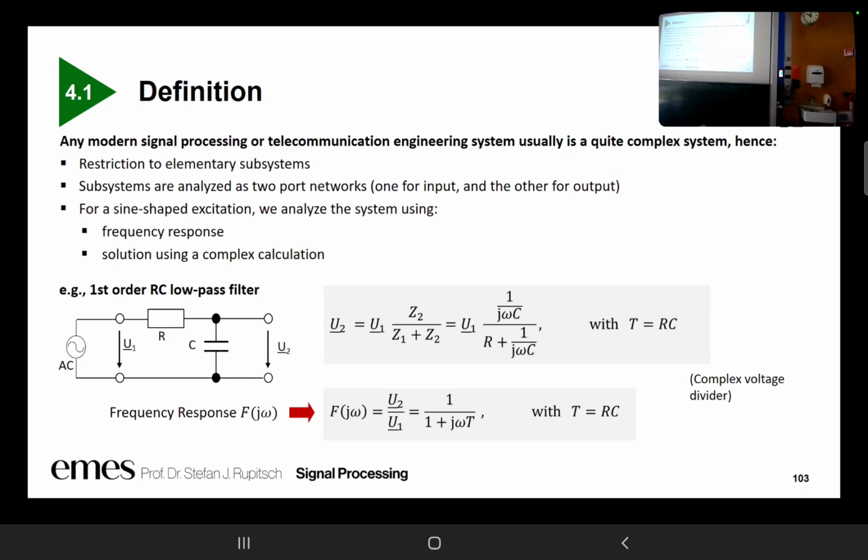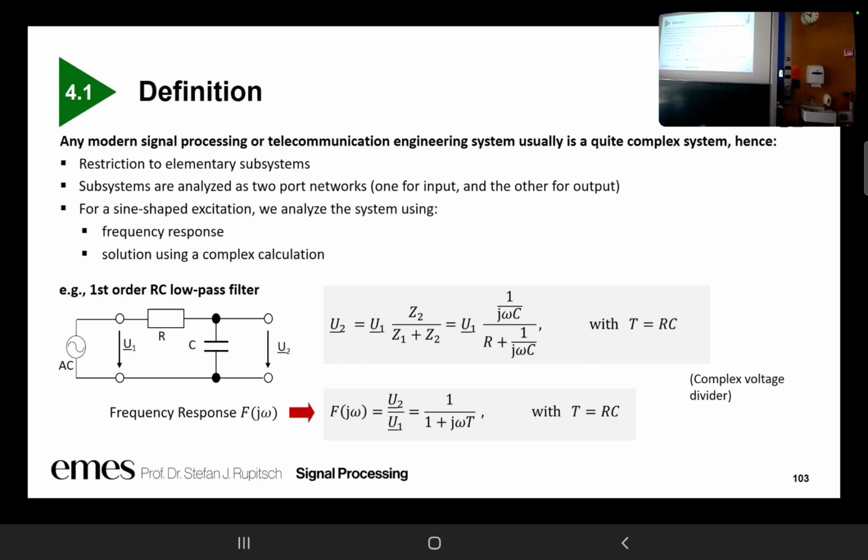Our experiment for motivation was this very simple arrangement of an RC low-pass filter consisting of a resistor and a capacitor. We have here our input voltage, and we are interested in the output voltage. We can calculate with these simple formulas the output signal with respect to the input signal for a harmonic excitation. It's a complex calculation, which is only valid for harmonic excitation.